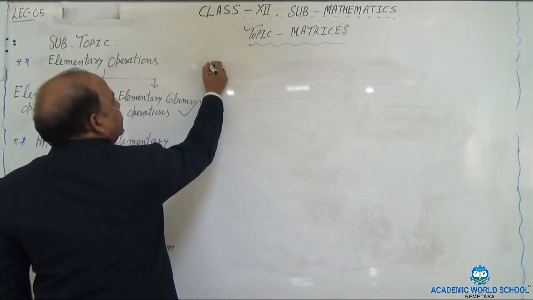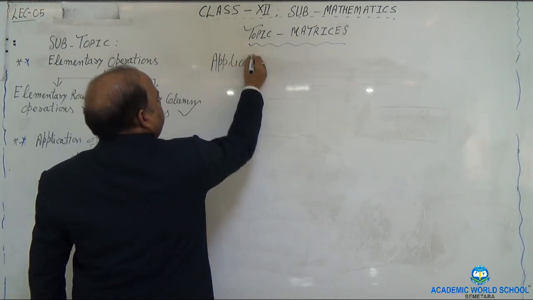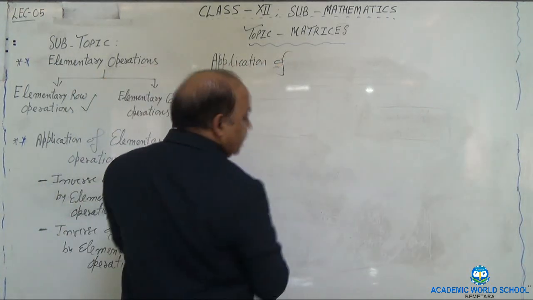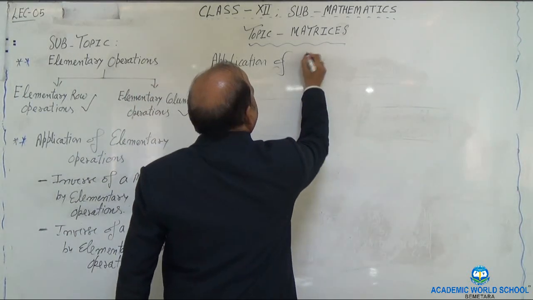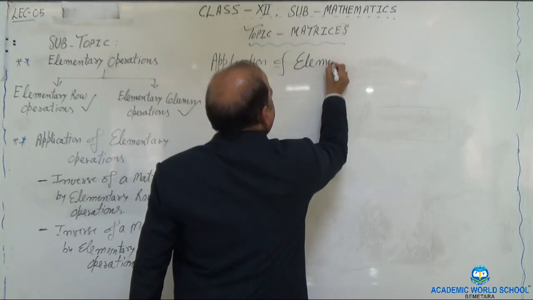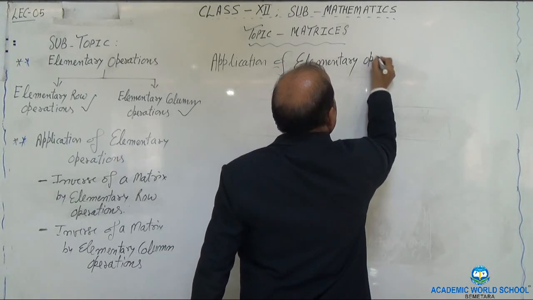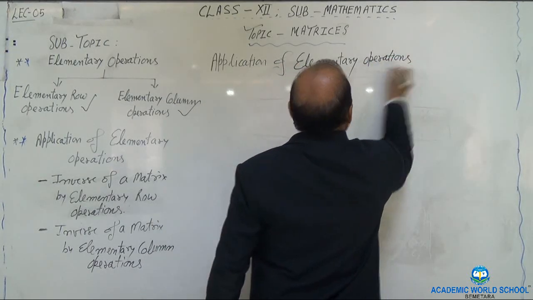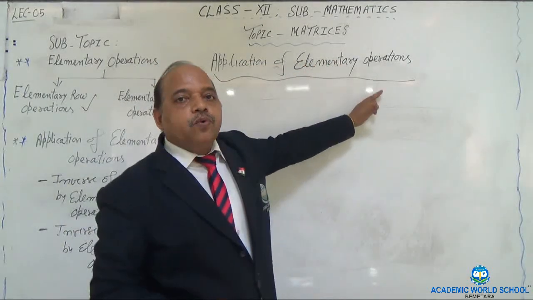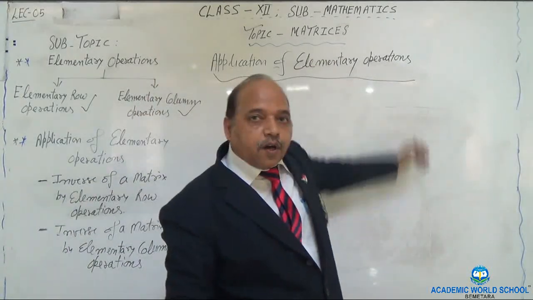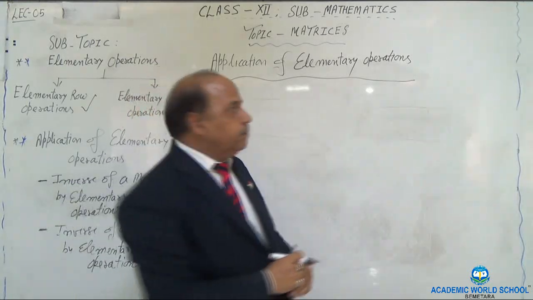We are going to learn the application of elementary operations. As I said, there are two types of elementary operations, row operations and column operations. So we will take two different examples and apply this.